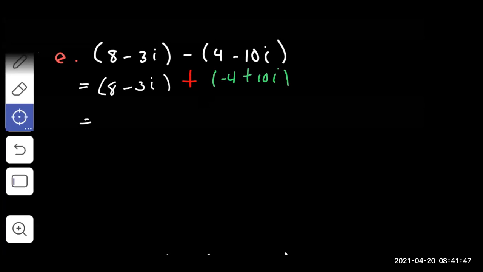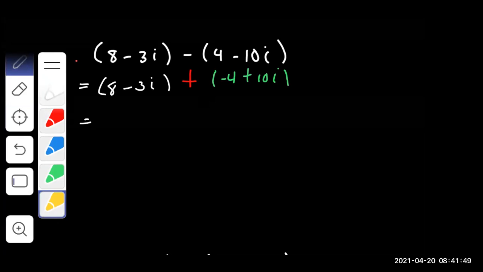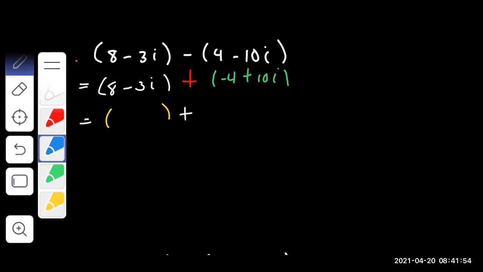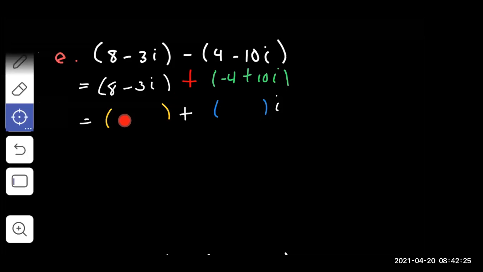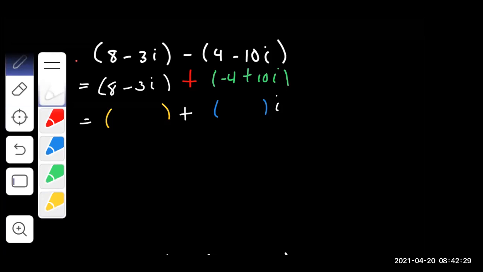Then let's add this as normal. Real part with real part, then imaginary part with imaginary part. I'm gonna give you 1 minute to do that. Once we got the addition, the real parts are added to each other.